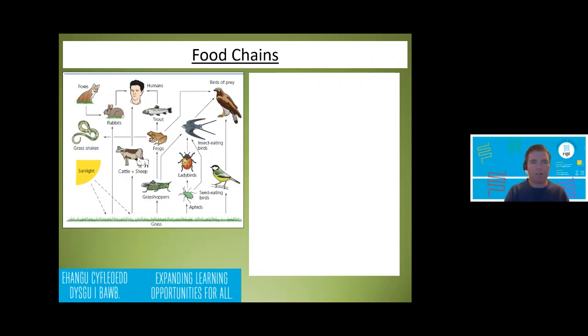You can see on the screen a food web, lots of food chains linked together. It's important to note right from the start that it's the sun that is the source of energy for all ecosystems. The sunlight, whilst it's shown in the bottom left hand corner, is the ultimate source of energy for all organisms.